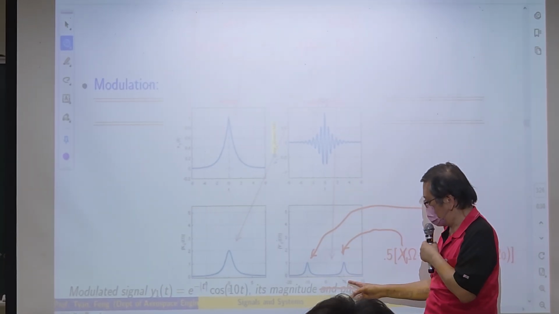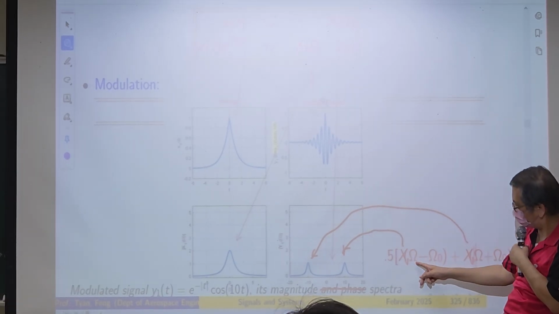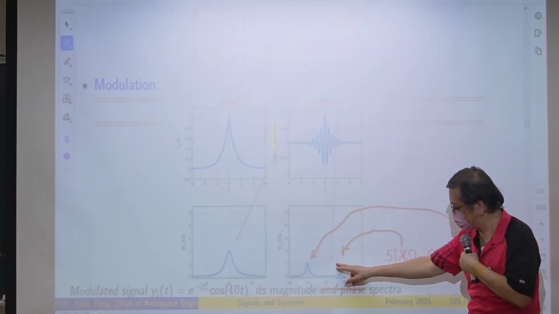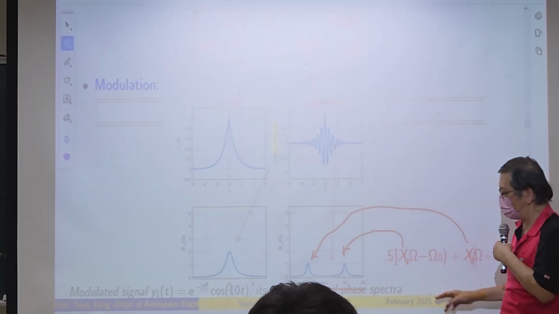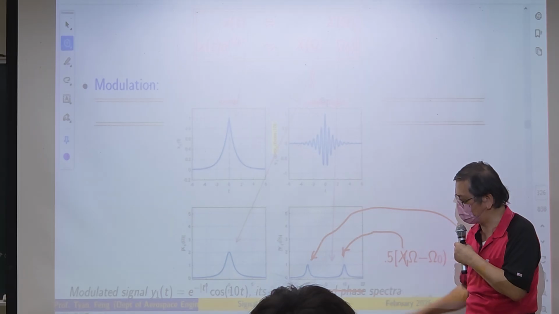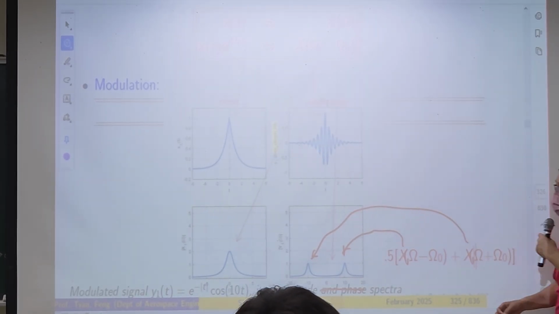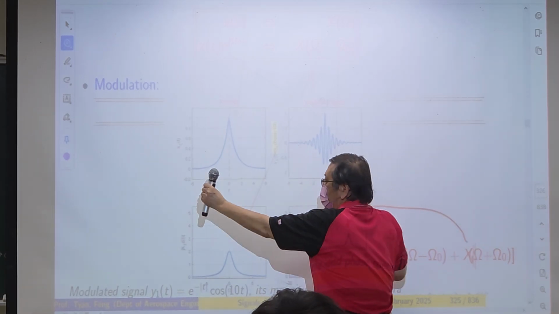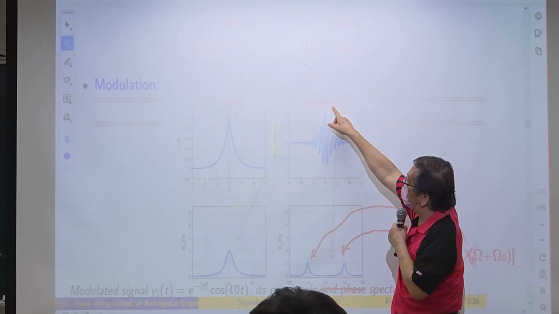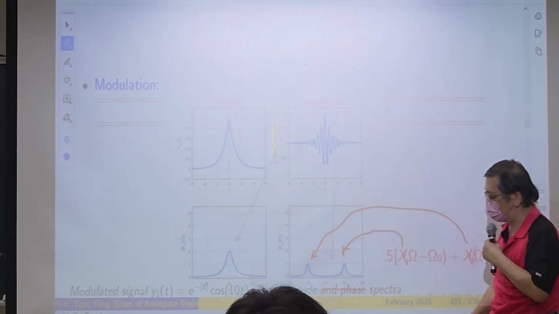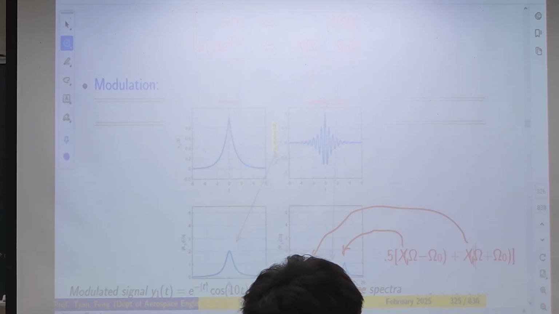So it becomes 1/2 of X of omega minus omega 0, plus another one. This is a positive frequency shift, and this is a negative frequency shift. So we split this into 2 parts due to the carrier, e to the j omega sub 0 times t.